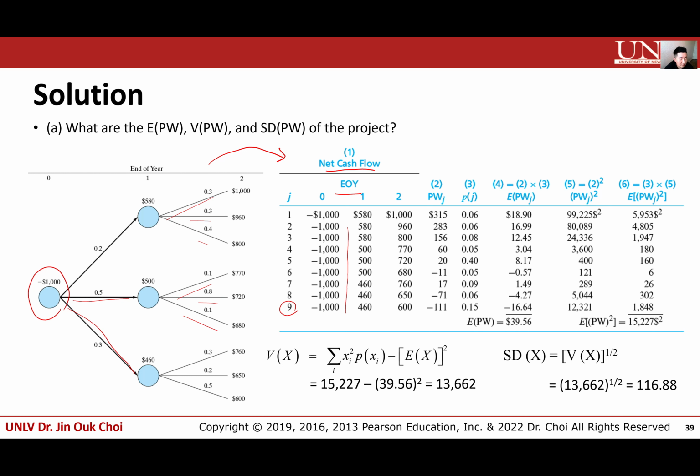So in the first row, you can see minus $1,000, which is the investment in year 0, at year 1, 580, and then year 2, 1,000.